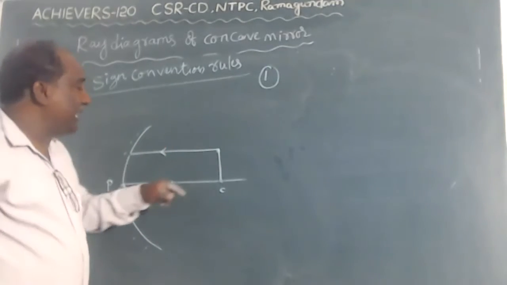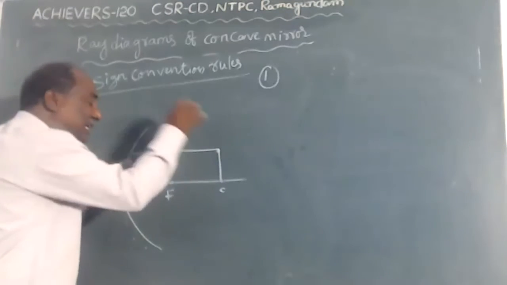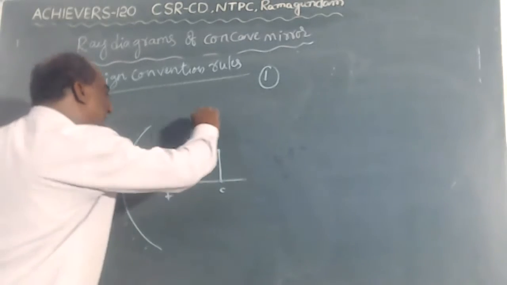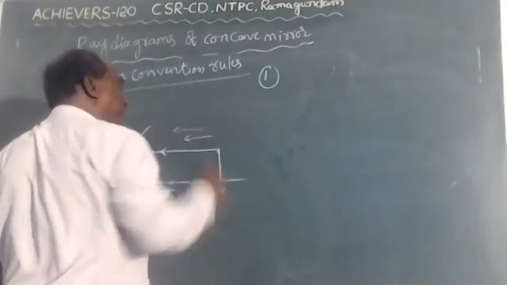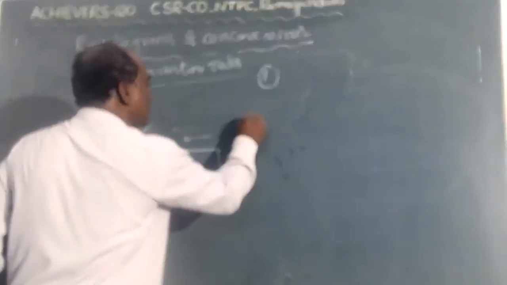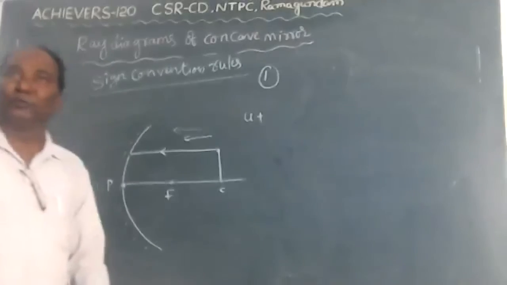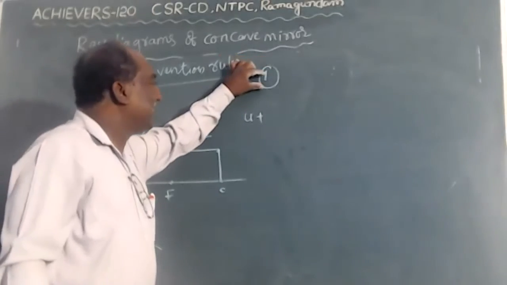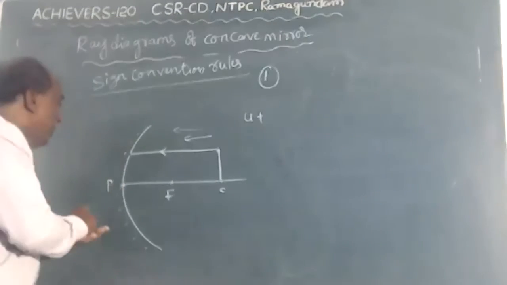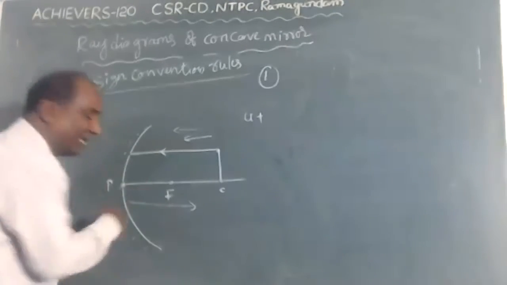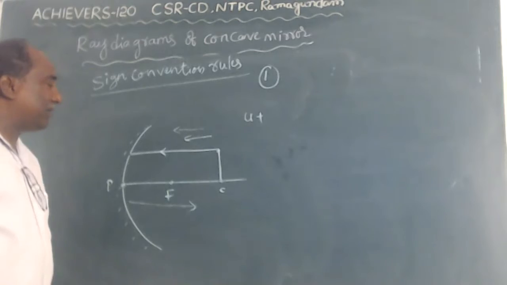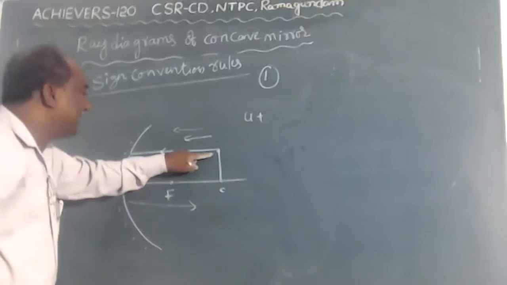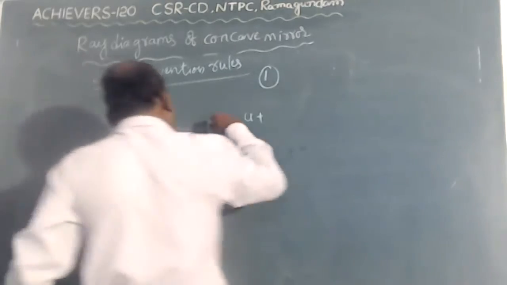If the distance is measured in the direction of the incident ray, in this direction here, the object distance is taken as positive. Because what is the first rule? All distances are measured from the pole, so we measure from here to here, in this direction. If the object distance is measured in the direction of the incident ray, in this direction.